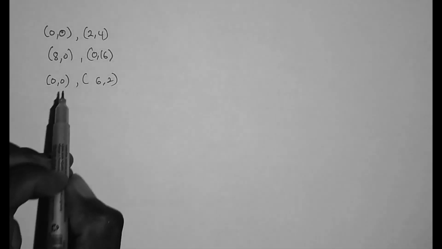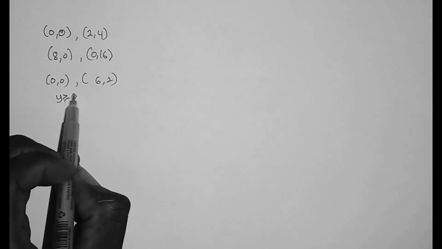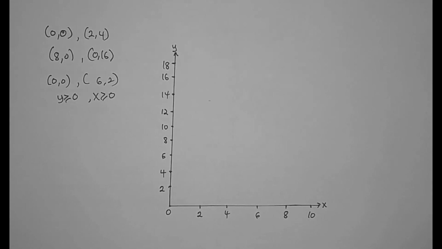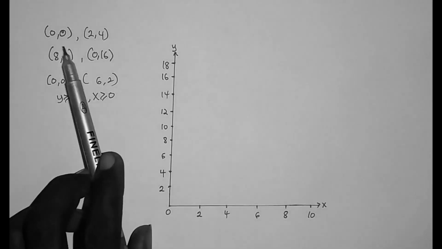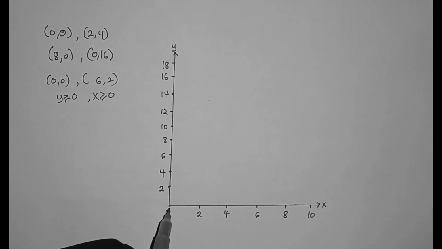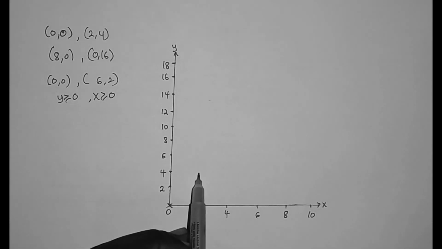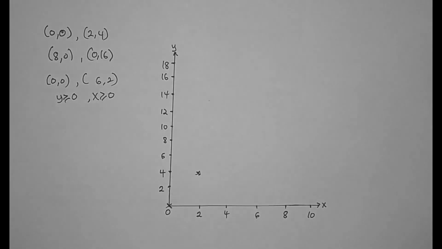And then we have the lines y is greater or equal to 0, and x is greater or equal to 0. So having drawn our Cartesian plane, let's go ahead and plot the points. So we have the point 0, 0, then 2, 4. So 2, 4 is somewhere here.